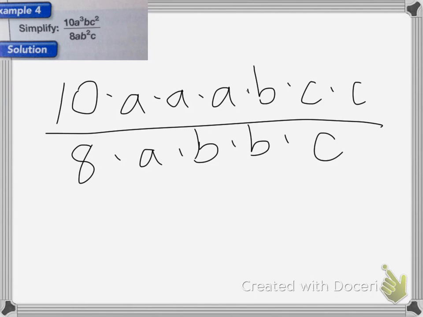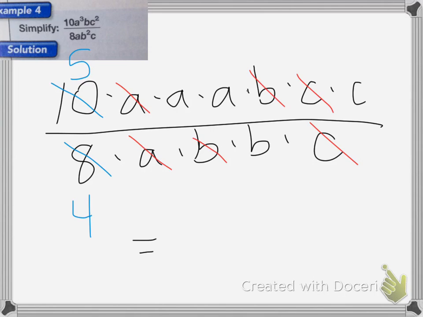So now I'm going to start to cancel. These a's can cancel, these b's can cancel, and these c's can cancel. Then I can cancel the 10 and the 8. I think I can divide 10 and 8 both by 2. 10 divided by 2 is 5, and 8 divided by 2 is 4.